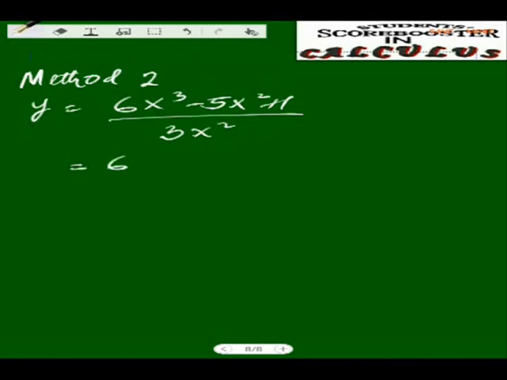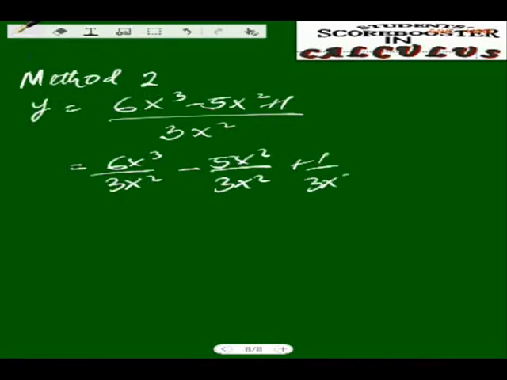I rather write this as 6s cubed over 3s squared minus 5s squared over 3s squared plus 1 over 3s squared, right? So this one is 1 2 3 here, 1 3 here, 2, so I'm gonna have 2x, okay, minus s squared cancel s squared, this will be 5 over 3 plus 1 over 3.